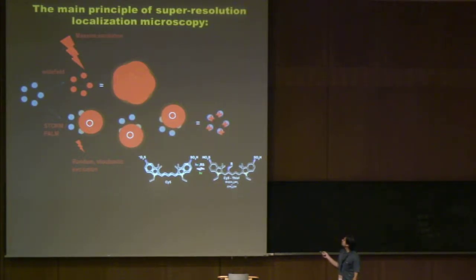In this case, you excite all the fluorescent molecules and have this blurred fluorescence. In the case of super resolution microscopy, you can excite one fluorophore per time.